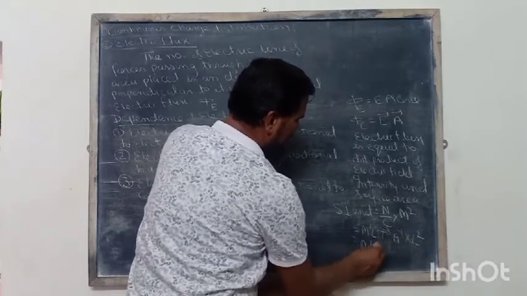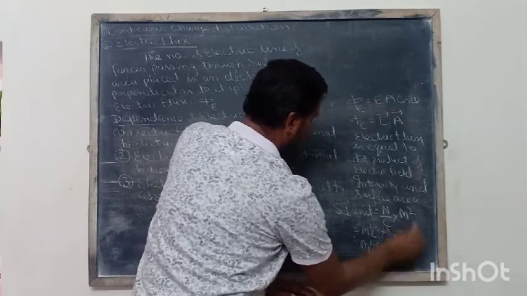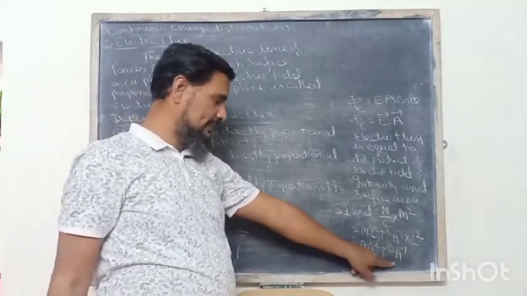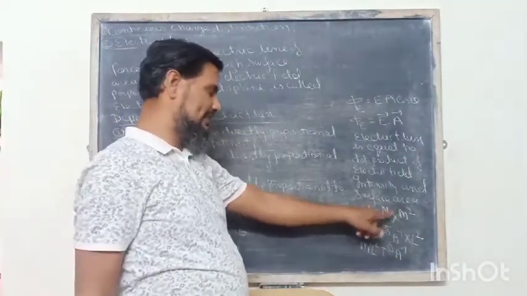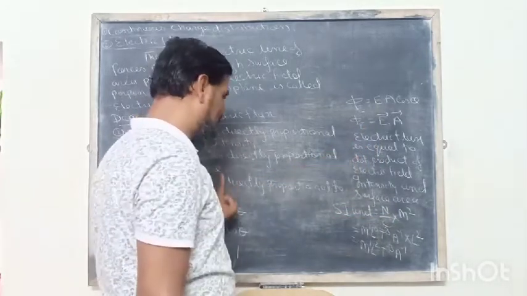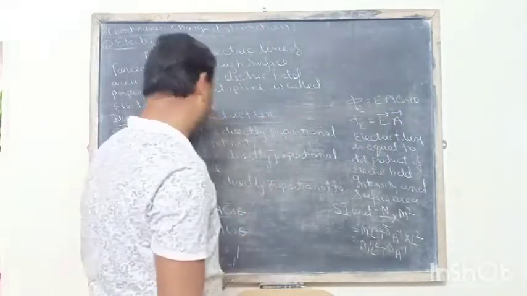So the dimensional equation will be M1 L3 T minus 3 A minus 1. This is the SI unit. This is the definition. This is the dependence. This is the formula. Now the last discussion remains.